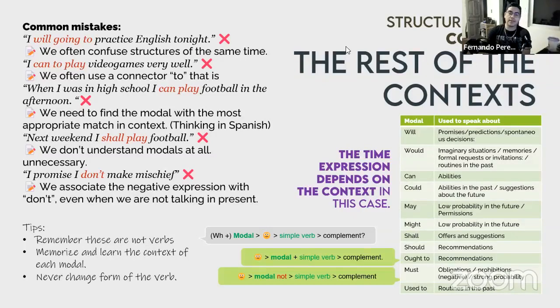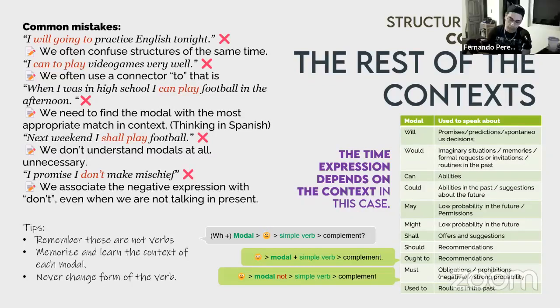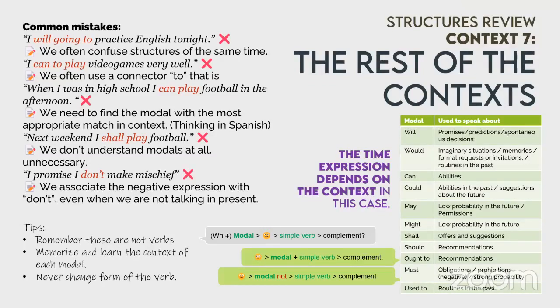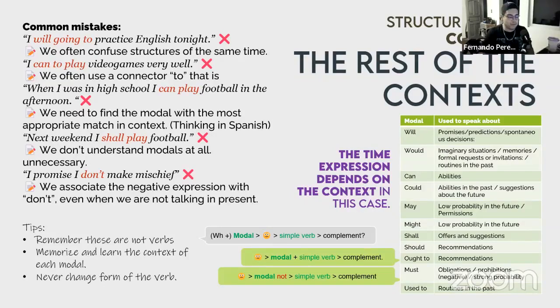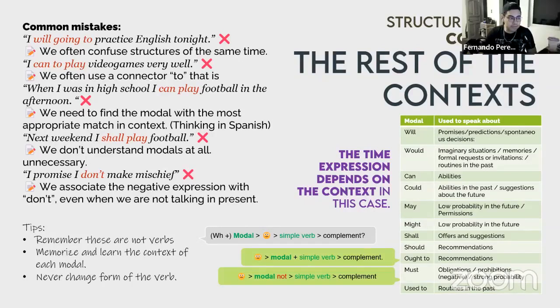Next, if I want to speak about a recommendation, should, ought to. Both are correct. The most common is should. Finally, if I want to speak about wishes and desires, would, could. If I want to speak about imaginary situations, would, could.